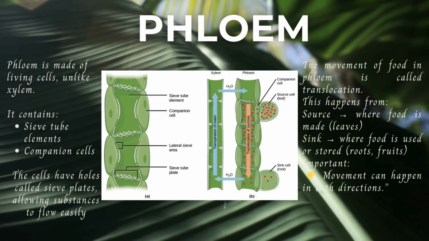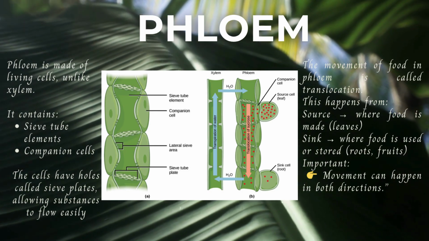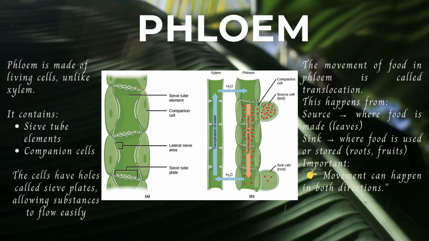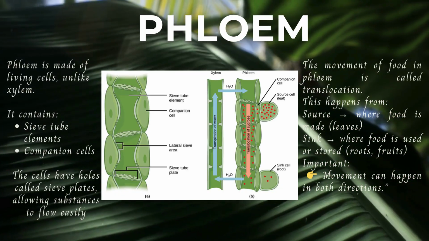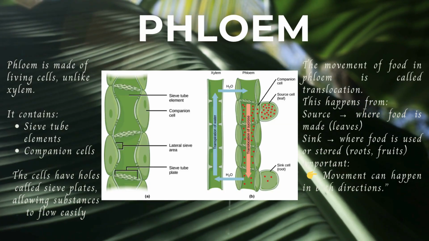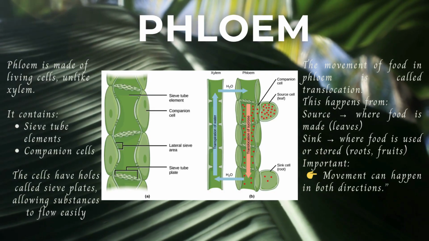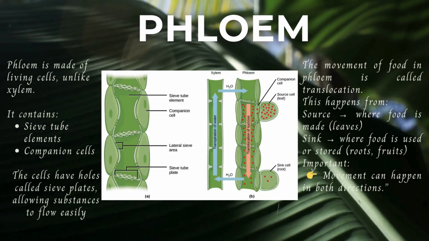Phloem. There are a few things that are really important to mention about phloem. One of them is that you really should know that the main parts of phloem are these sieve tube elements. These are basically long tube-like cells that are joined end to end.